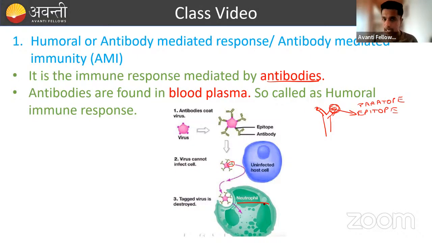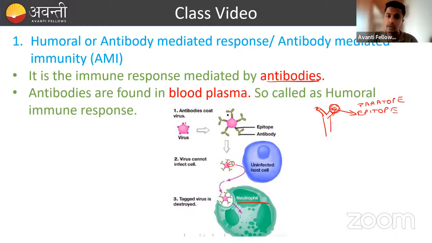Let us talk again. Our antibodies can coat or bind to specific regions on the surface of the antigen. It might be polysaccharides, cell surfaces or the cell wall, it might be flagella, anything. They have this ability to recognize and bind.